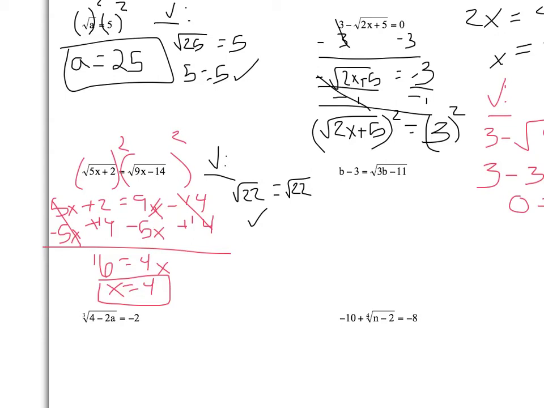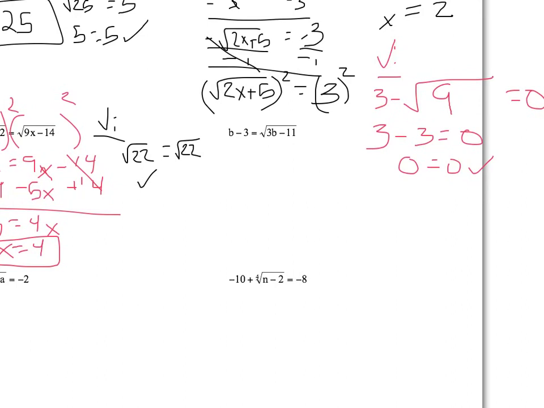Alright, moving on to a couple more difficult problems here. For this next one, the radical is by itself, so we'll start by squaring both sides. When I square the b minus 3, that is a FOIL problem. You do need to remember that it's really b minus 3 times b minus 3. When I FOIL that, I get b squared minus 3b for the outside and the inside will end up being negative 6b. Negative 3 times negative 3 is positive 9.